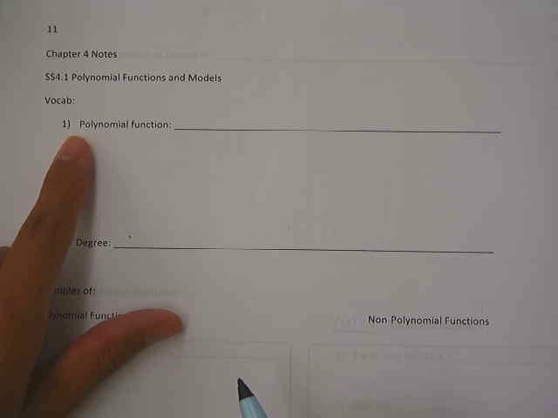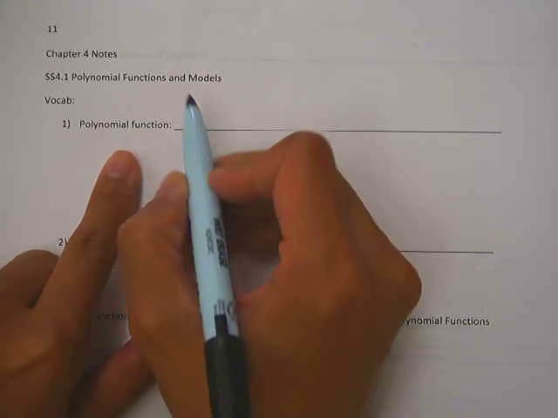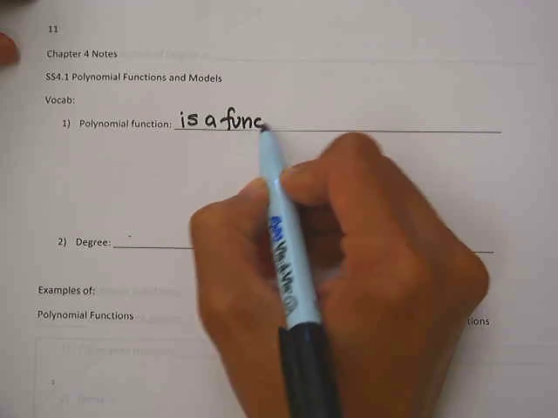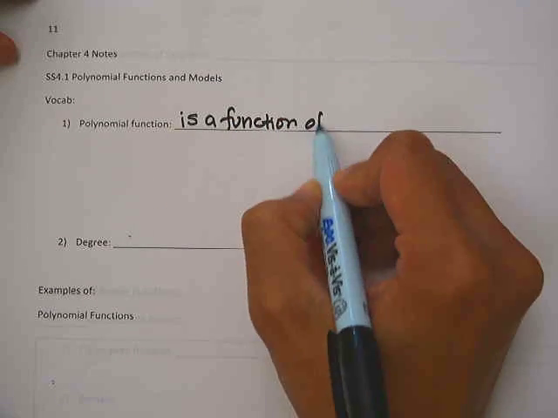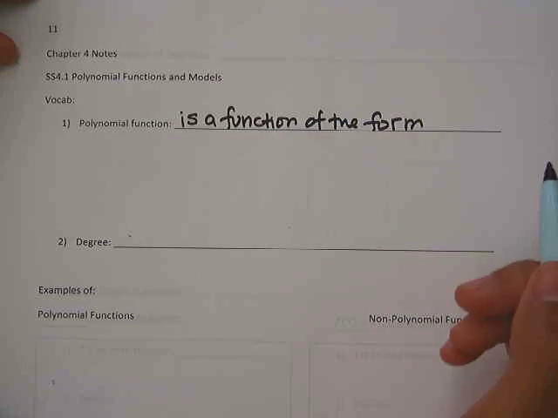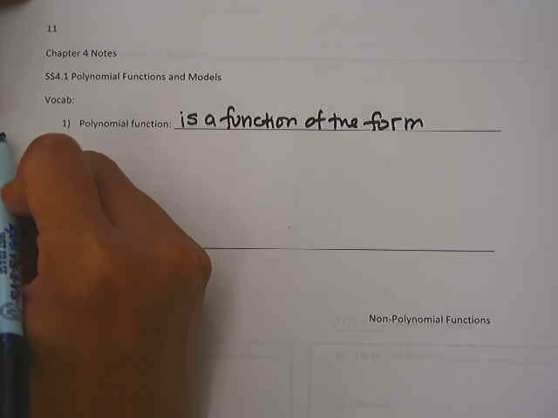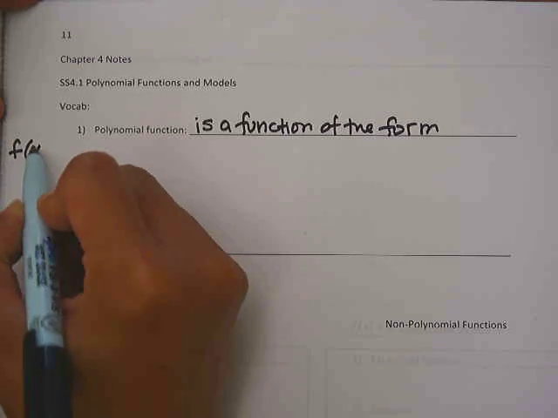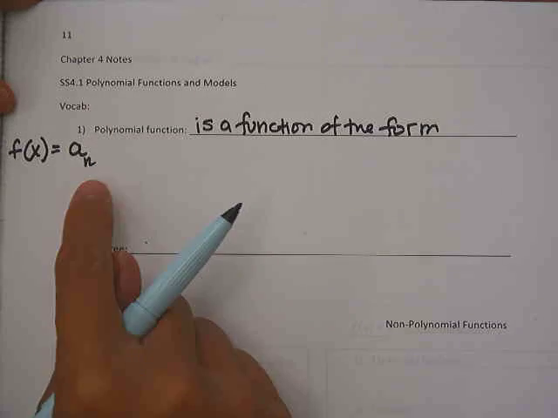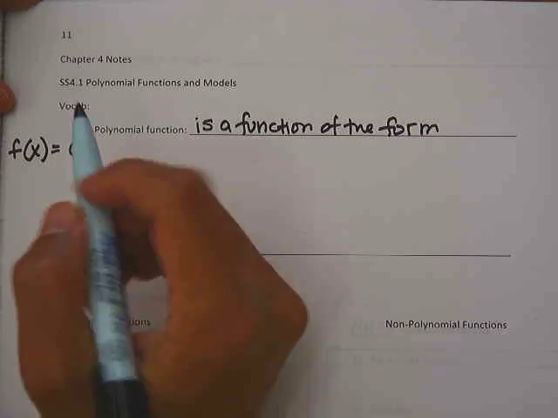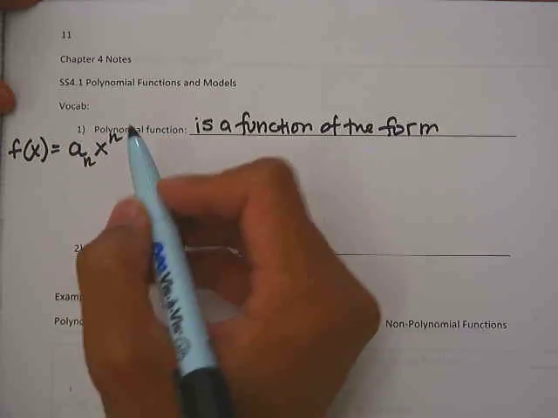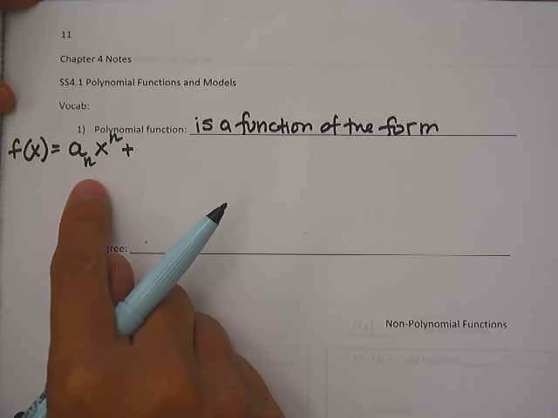The first one is called polynomial function. Defined is a function of the form. Okay, so this is going to be a long one, so I'm just going to put it down here. f of x equals a sub n, so notice how the subscript is way below the letter a, times x to the exponent of n, plus, so this is my first term.